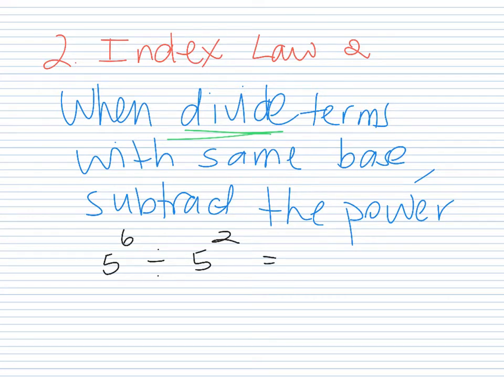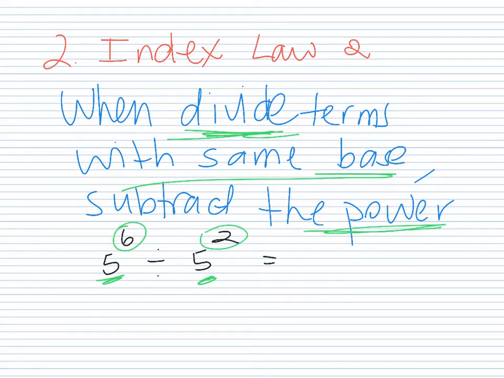Now we know that because we're dividing with the same base, what we need to do with our powers up here is subtract them from each other. So the answer to this one would be 5 to the power of 4, because 6 take 2 equals 4.